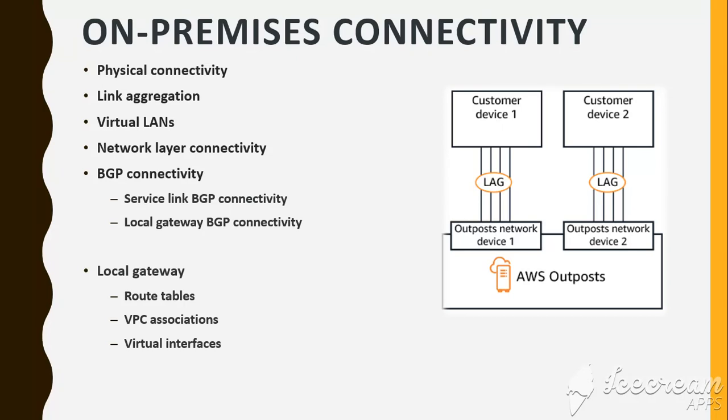The BGP connectivity is something like a bridge connectivity. You are going to connect your network and the AWS network through the Outpost track.